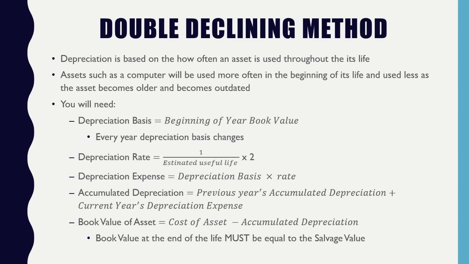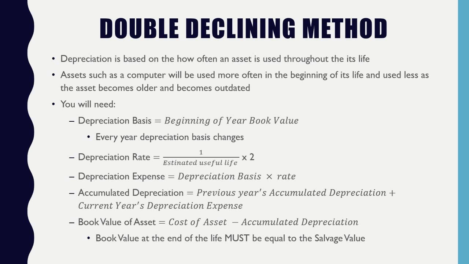This time, instead of the asset cost minus salvage value, it's going to be the beginning of the year book value. Meaning that no matter where we start, every time our depreciation basis is based off of the book value.